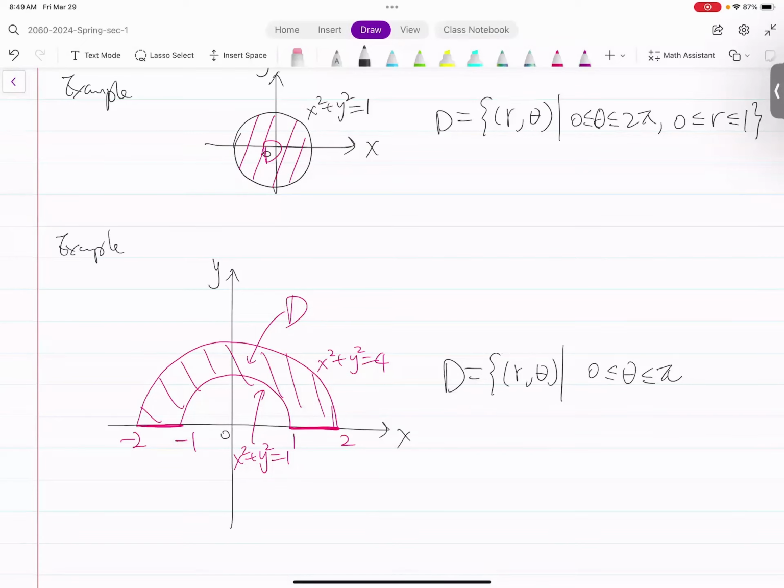But then it's kind of obvious that the distance is larger than 1 but less than 2. So here, r is between 1 and 2. So it's good.